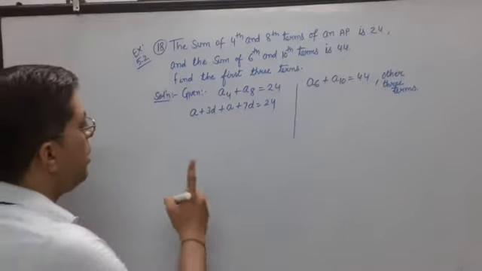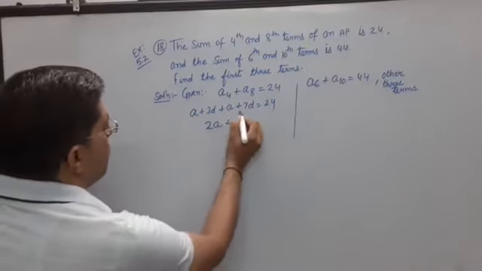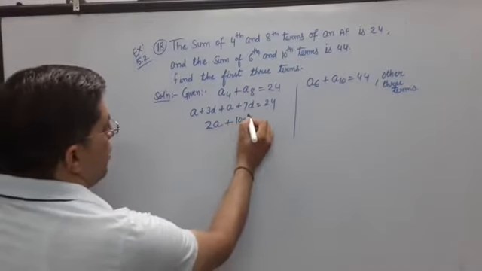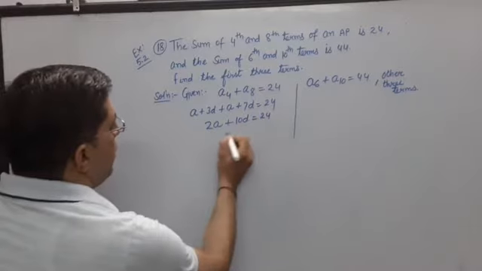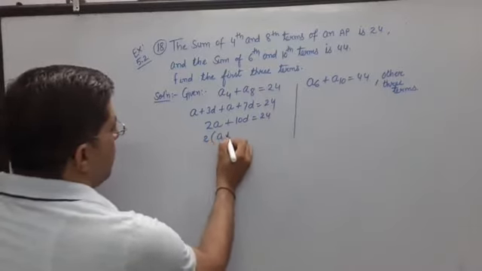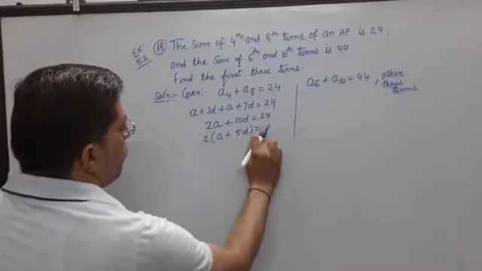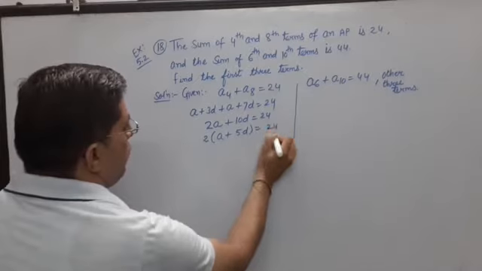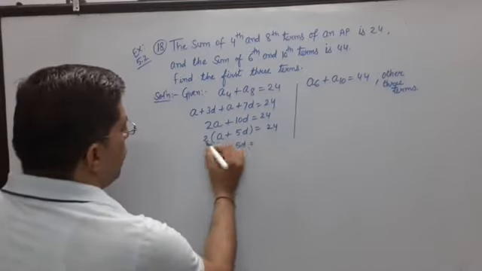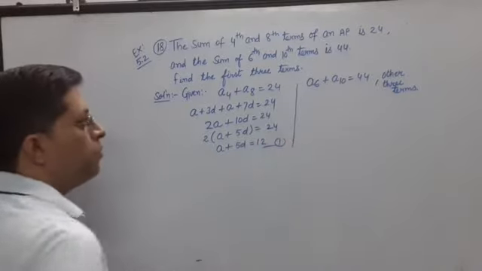Now A plus A, that is 2A, and 7D plus 3D, that is 10D, is equal to 24. You can take out 2 common: A plus 5D is equal to 24 divided by 2, you will get 12. This is equation number 1.